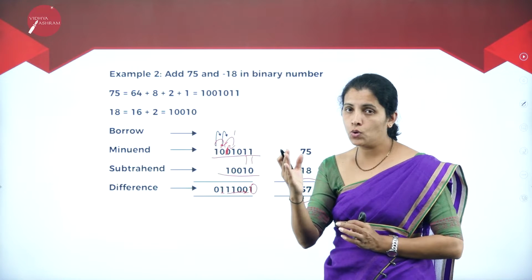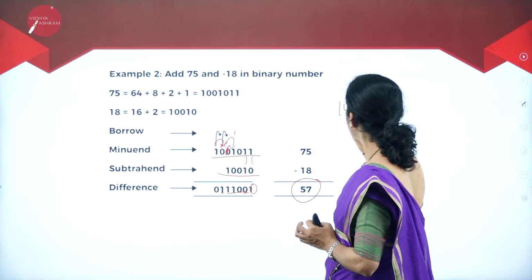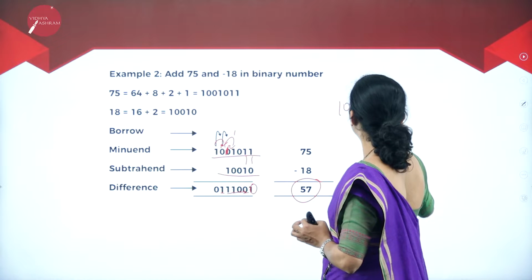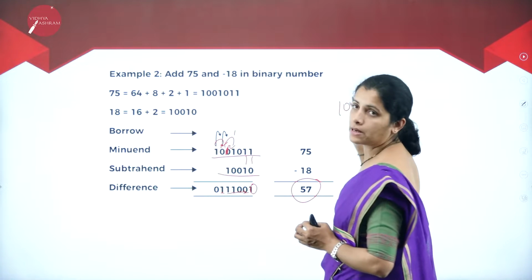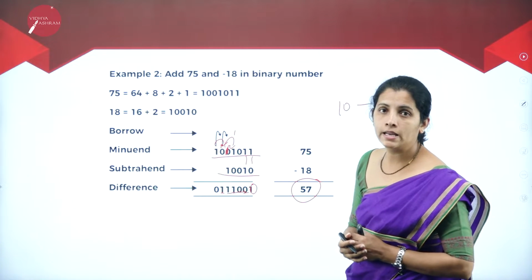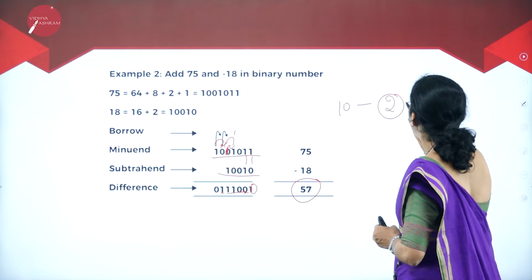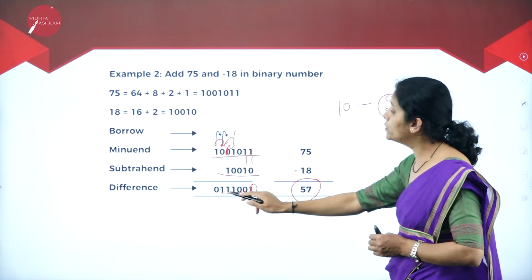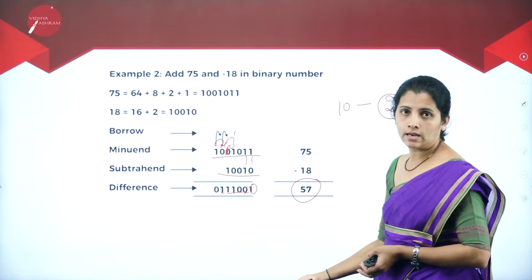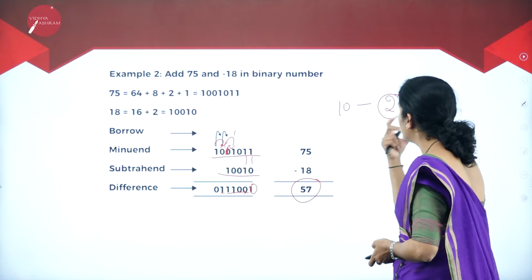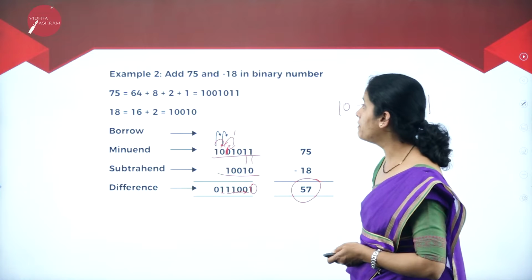So 1 0. Here 1 0 is nothing but the 2. This is the decimal representation of the binary number. Now, if I subtract 1 from 2, I'm going to get the value 1. So, this is the way I can cross verify.